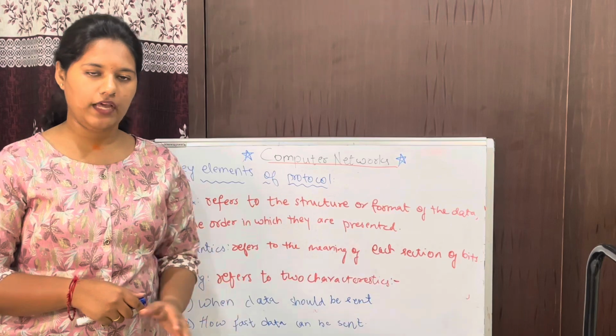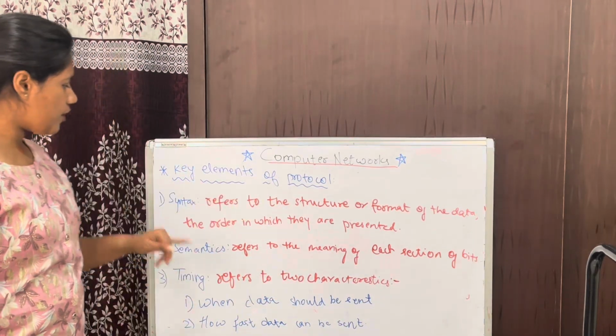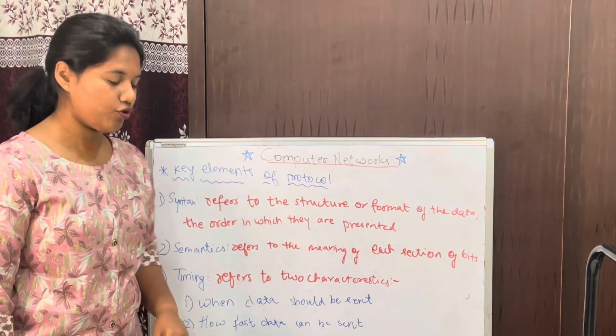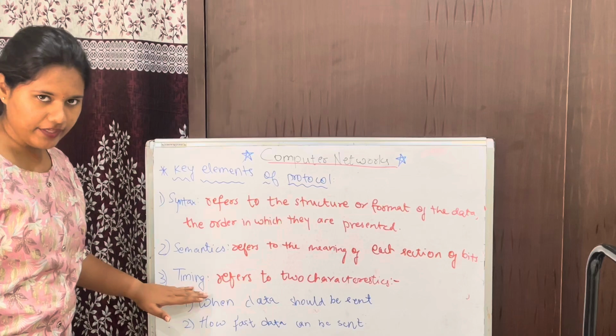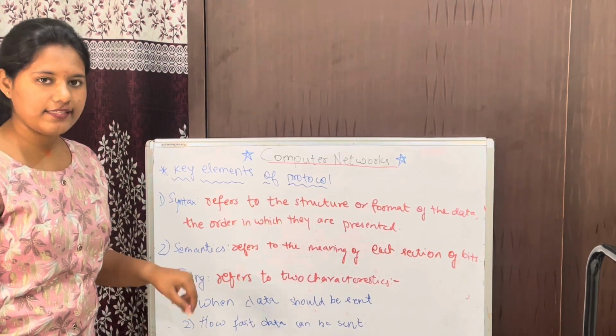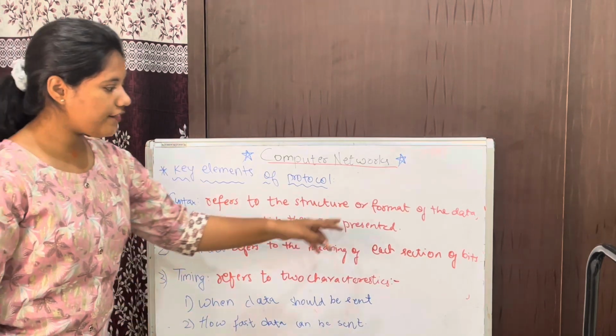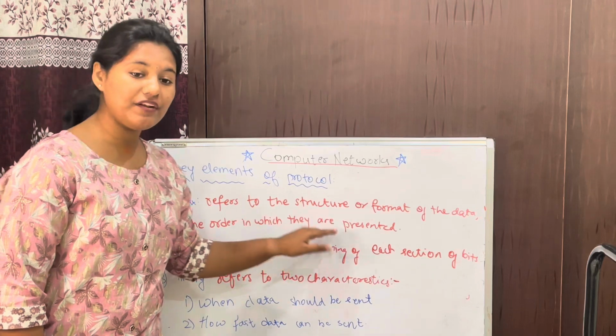Now this is a short introduction of what a protocol is and what elements it includes. Next we are going to see the key elements of a protocol. First, it includes syntax, semantics and timing. These are the three elements on which a protocol is based. So the first one is syntax. It refers to the structure or the format of the data, or the order in which it is presented.